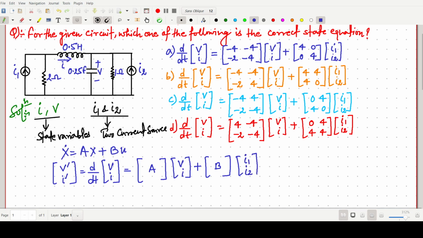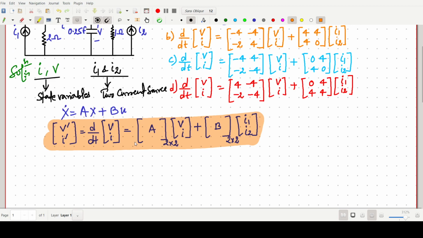So this matrix A and B we have to find, and A and B are 2 by 2 matrices. Our main task is just to find the matrices A and B. So this is the question, and we have to start.